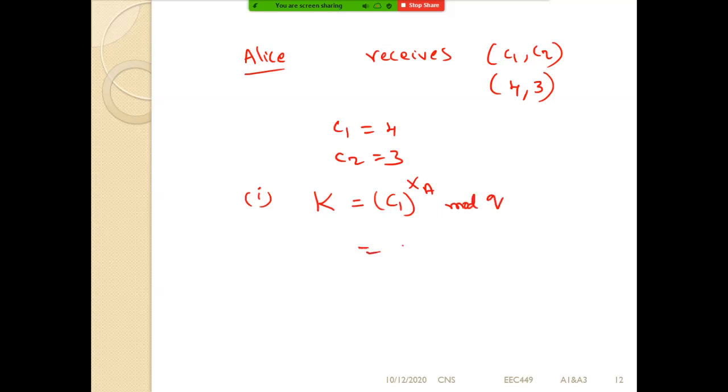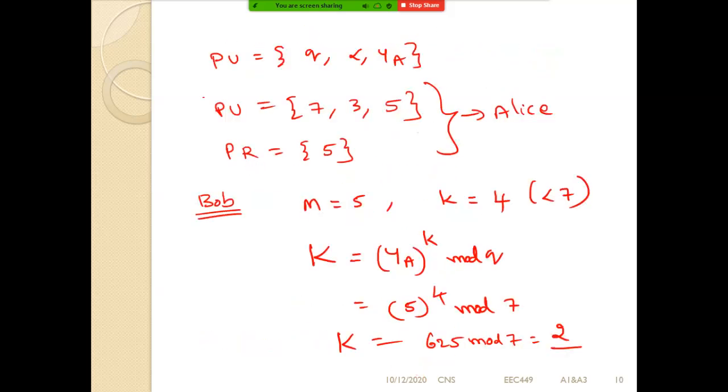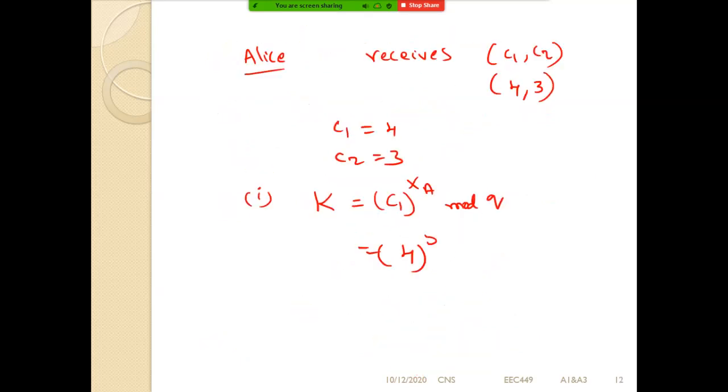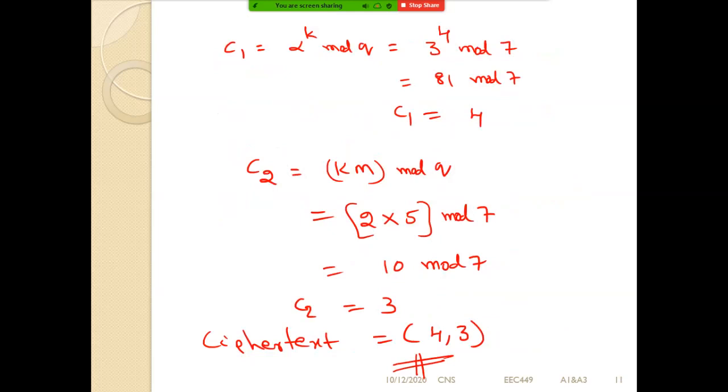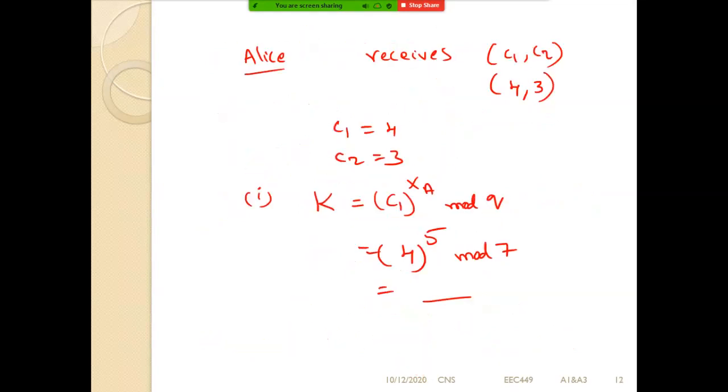C1 is 4. XA was 5. So 4 power 5 mod 7. 4 power 5 is 1024. 1024 mod 7 is 2.